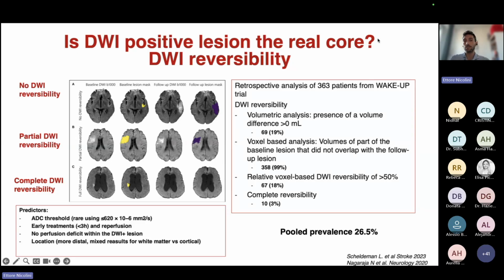From subsequent meta-analysis, we know that there's a pooled prevalence of 26% of DWI reversibility. Predictors of this phenomenon are the use of a different ADC threshold from the conventional 620, early treatment reperfusion, the absence of perfusion deficit within the DWI lesion, and more distal lesion, while it is debated whether white matter or cortical regions more frequently have DWI reversibility.